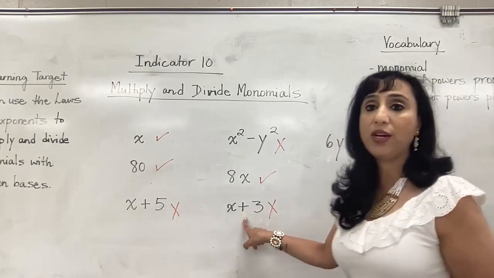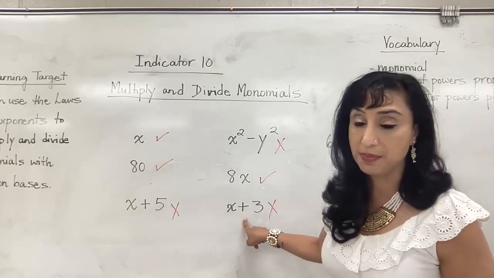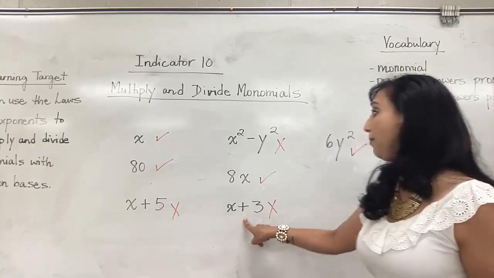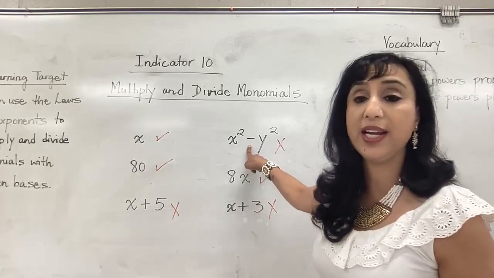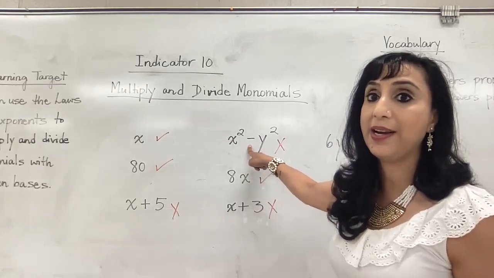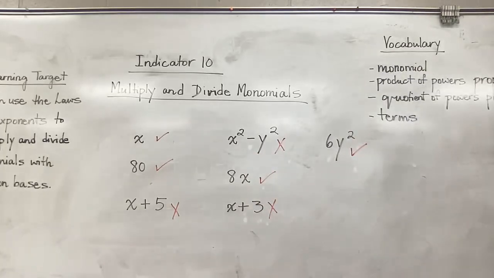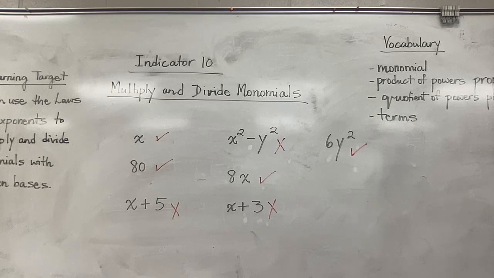The sum or the difference is going to separate it into terms, but then these are not monomials. A monomial can only have one term, only one term. So the expression x plus 3 is a sum of two monomials and therefore not a monomial itself, because it has two terms.